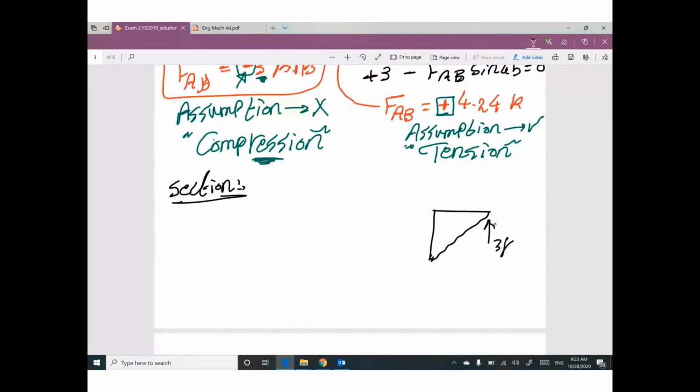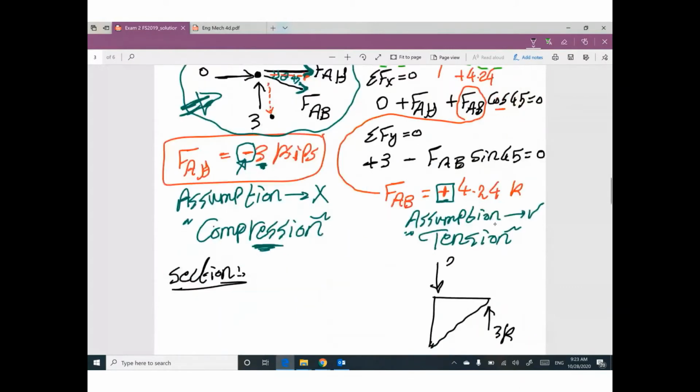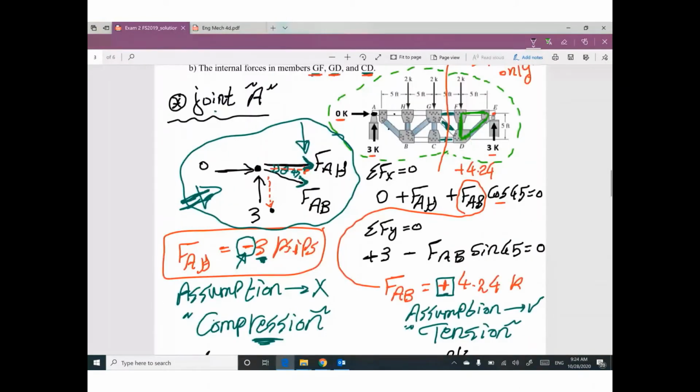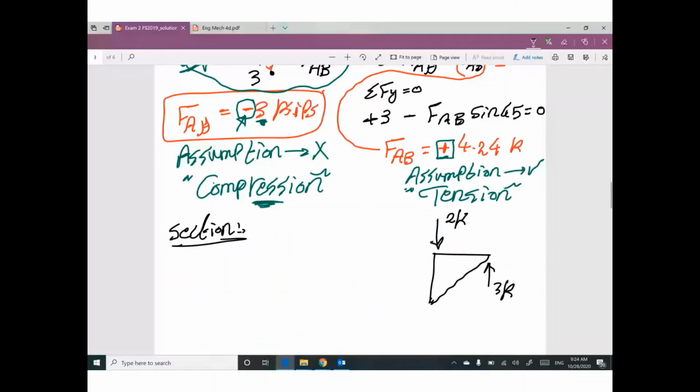I have vertical force here. How much? 2 kip. Do you have anything here for this triangle? No. So I did cut in this member, this member, and this member. So I have force here, force here, and force here.